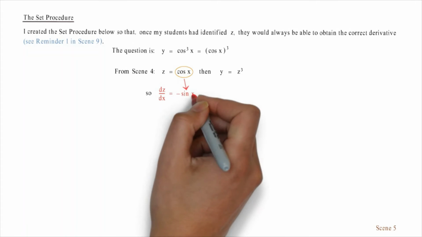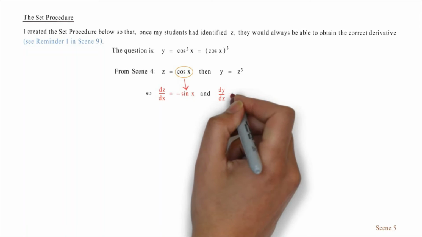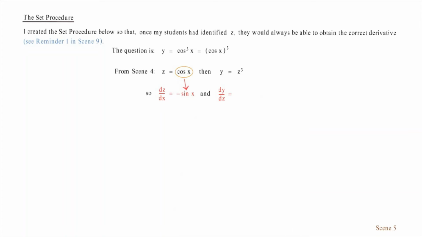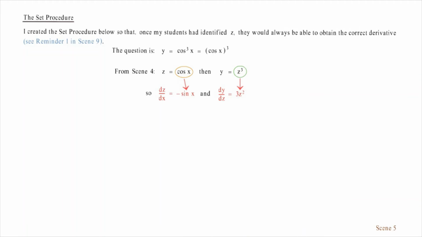of x, and dy by dz equals the derivative of z cubed, which is 3z squared.